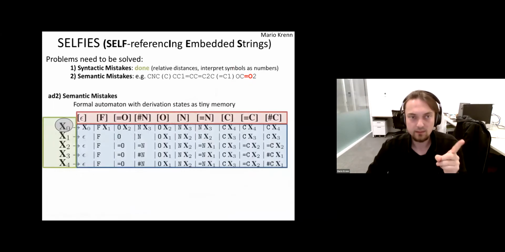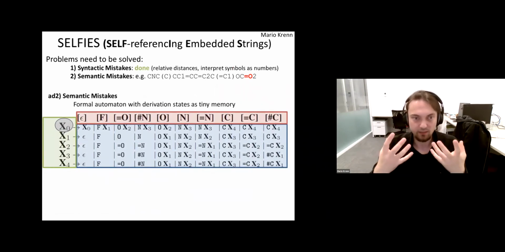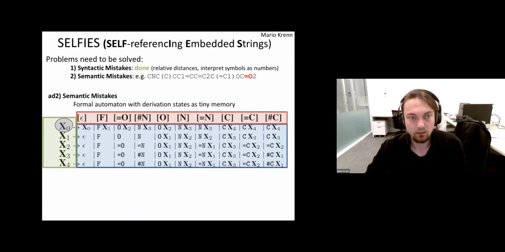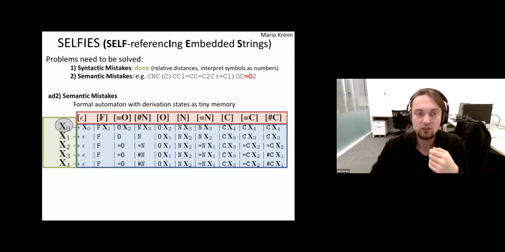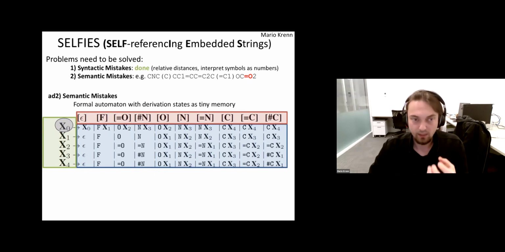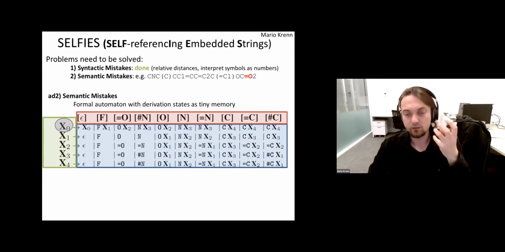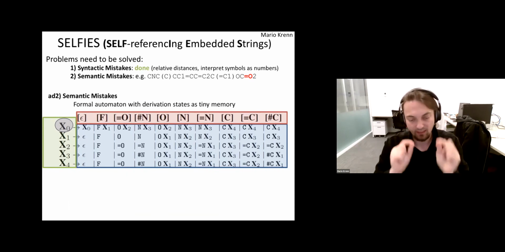So we fixed the syntactic mistakes. Second, we have semantic mistakes, those domain-dependent mistakes. And here we exploit formal automatons, these derivations, where the state of the derivation carries a tiny amount of memory.